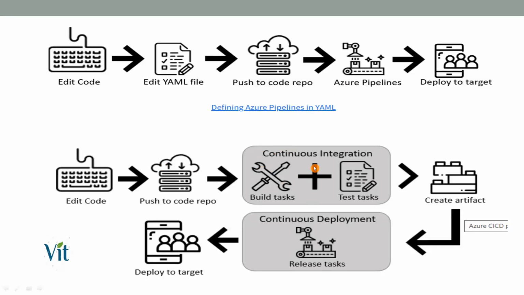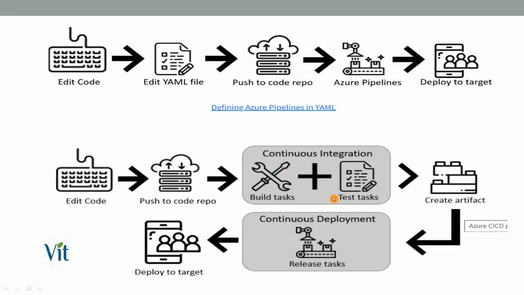That's where continuous integration and continuous deployment came into the picture. Suppose I want to modify my project every week, a new requirement comes, or every day I'm modifying my project. So instead of the manual deployment process, I'm going to implement a CI/CD process.